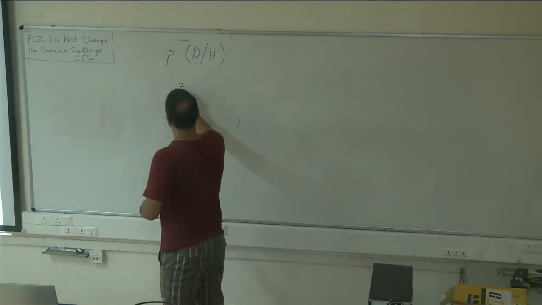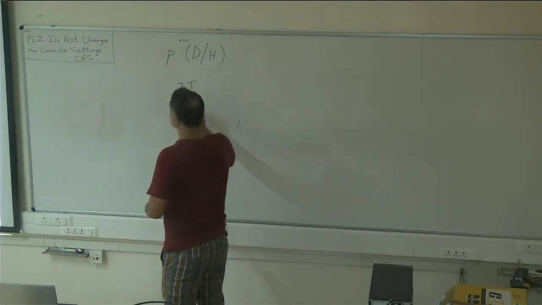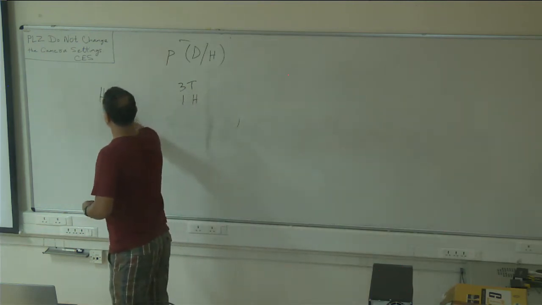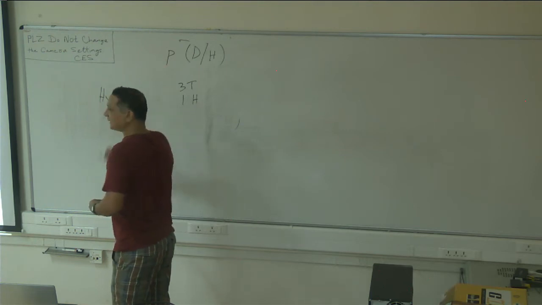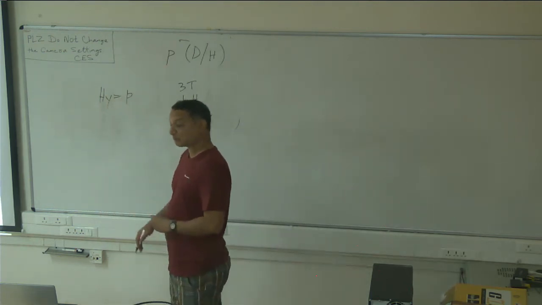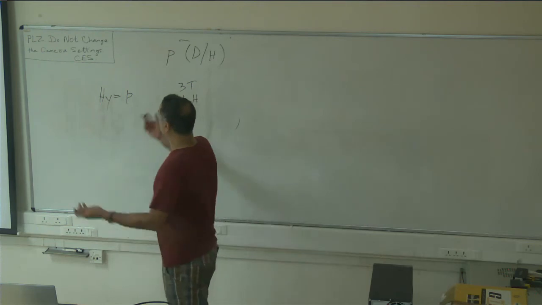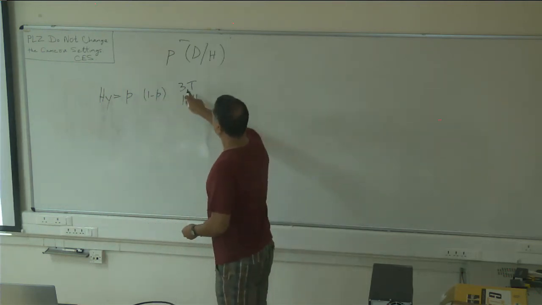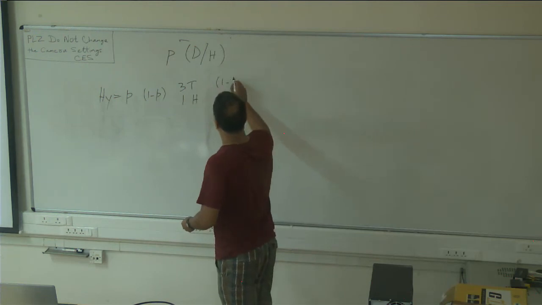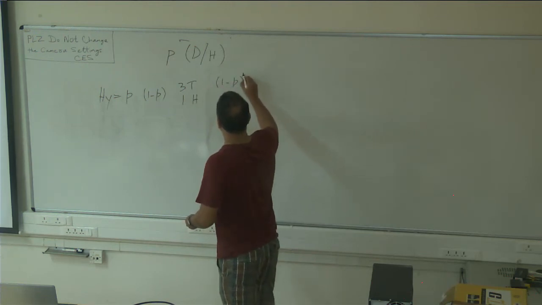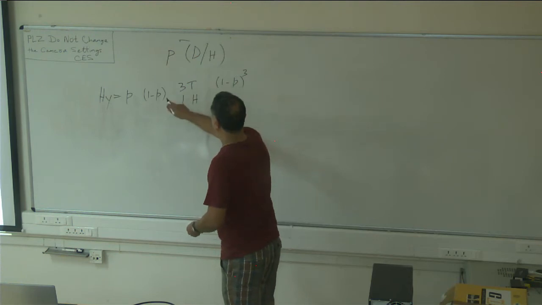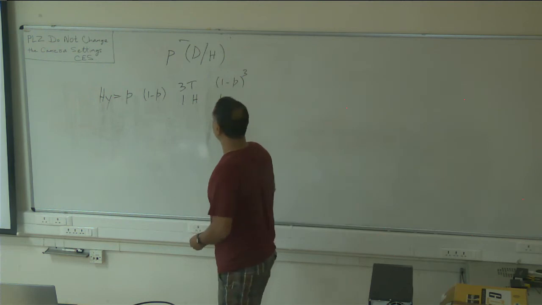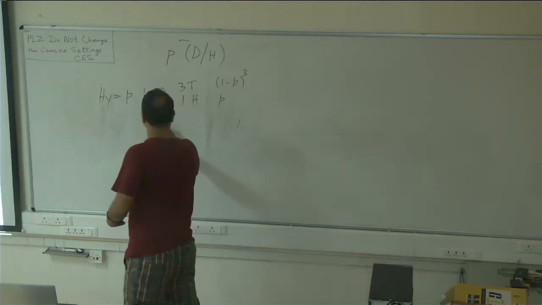Remember, we have 3 tails and 1 heads, and your hypothesis is small p, which is the probability of heads, and the probability of tails would then be 1 minus small p. For the 3 tails, you have 1 minus small p cubed, and for the heads, you have small p. And that's how you got that formula, right?